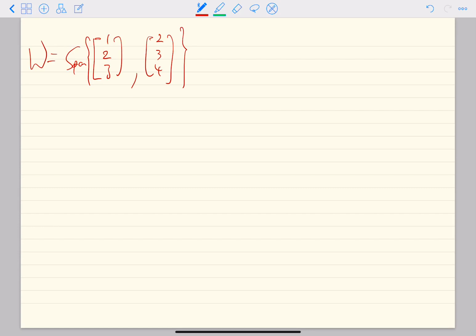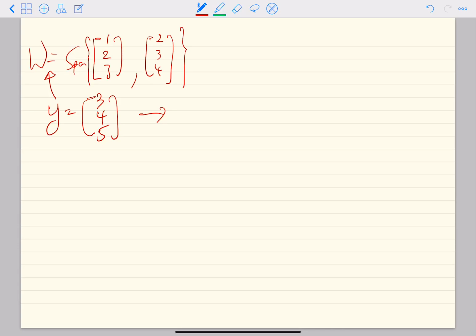Then let's think of some arbitrary vector Y as maybe 3, 4, 5. I'm not sure if it's inside W or not, but let's just consider it generally as a vector outside of W. What's the orthogonal projection of this Y onto subspace W, spanned by the two linearly independent vectors? They are not orthogonal to each other.